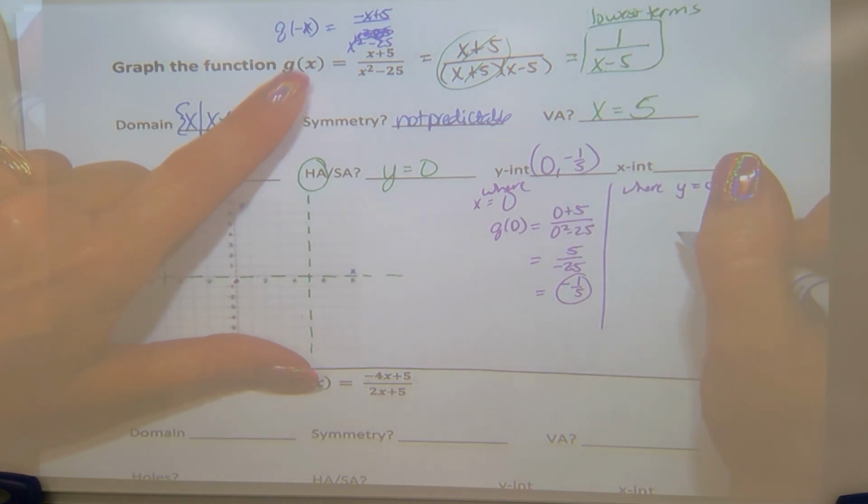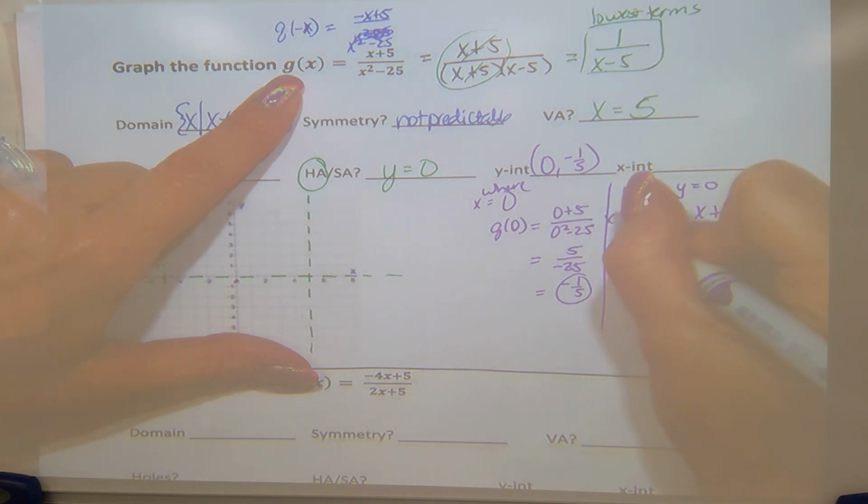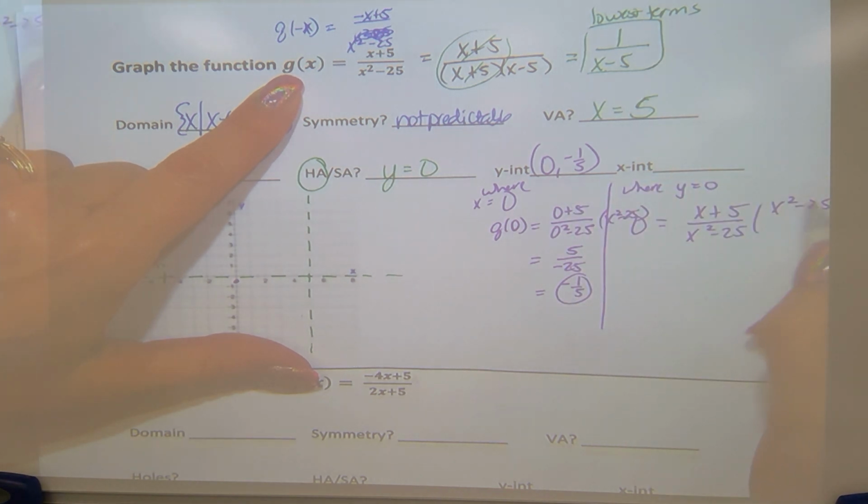Let's set y, or g of x, equal to 0. That gives me x plus 5 over x squared minus 25. To do this, I multiply both sides by the denominator, because that allows me to cancel that denominator out over here. 0 times anything is 0, and it gives me 0 is equal to the numerator.